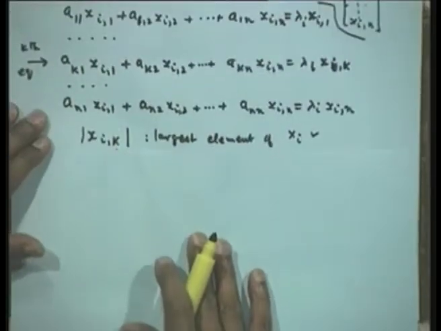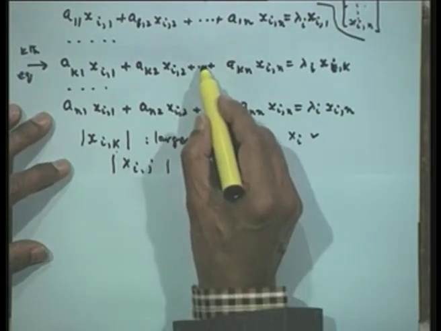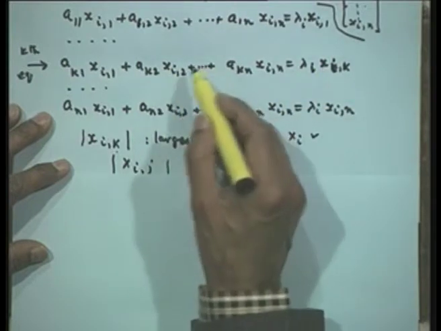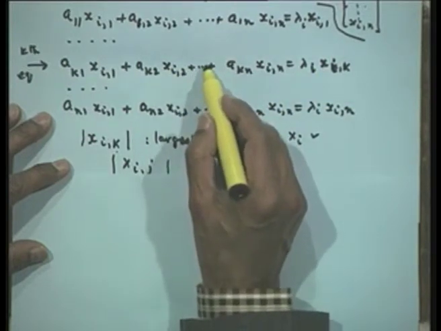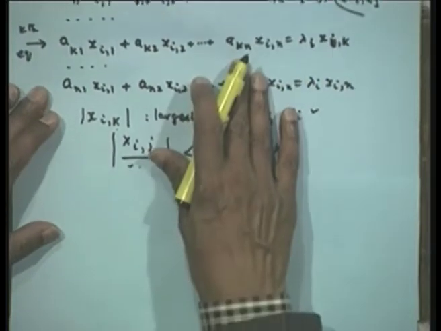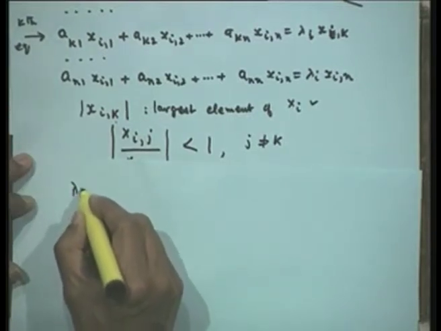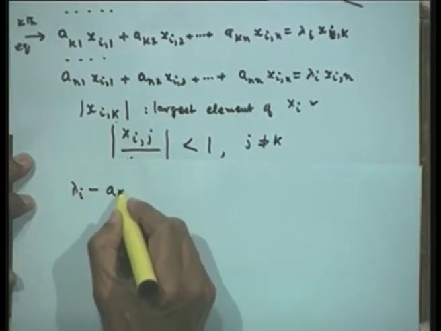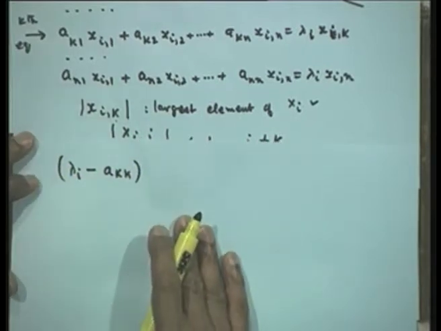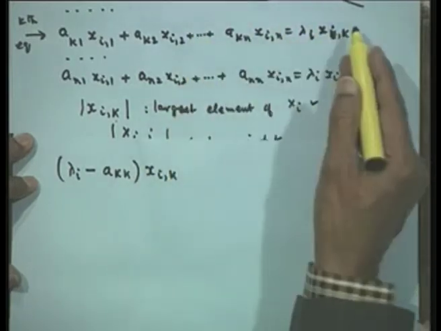Now let us take the element akk xik to the right hand side and combine it with lambda i. So what I will have here is (lambda i minus akk) xik, and let us retain xik for the moment.